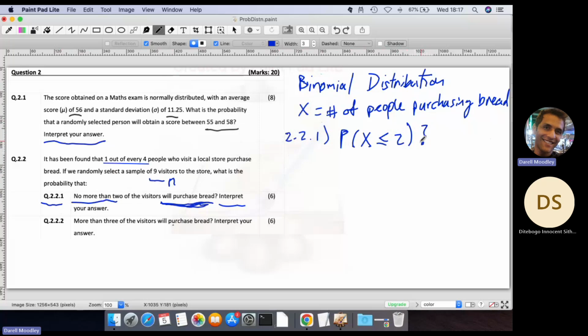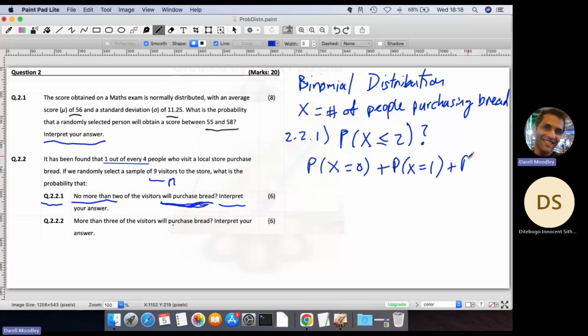To solve this, because you're working with x less than or equal to 2, that means everything from 2 and below. So you have to find the probabilities for all x values below 2 and including 2. So you can have the case where no one buys bread, so x can be 0. And you can add that to the probability of x equals 1.